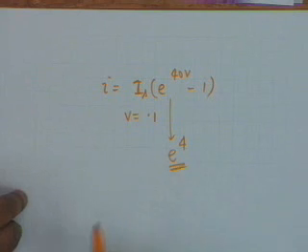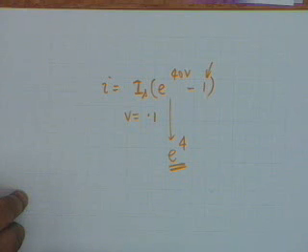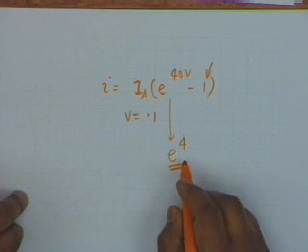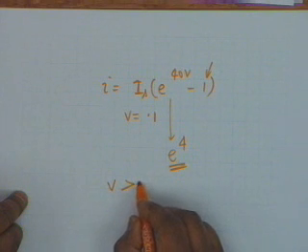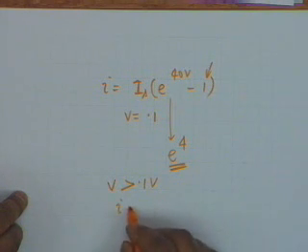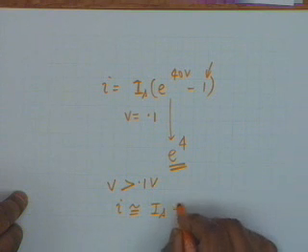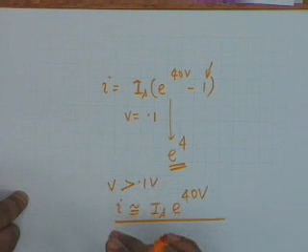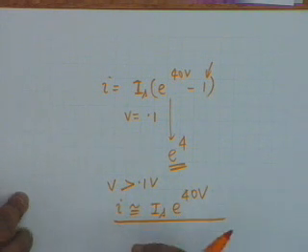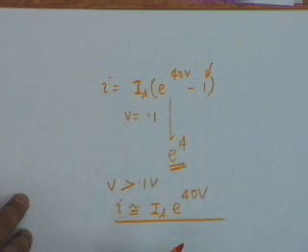So e to the 4 is between 16 and 81, and 1 can be ignored, and therefore for capital V greater than 0.1 volt, the current can be approximated by Is e to the power 40V. The current therefore rises exponentially. All right. This fairly well describes the diode characteristics, and next time we will see some applications of this.